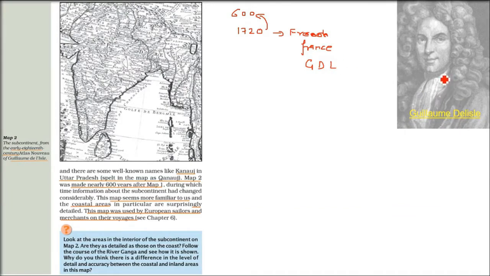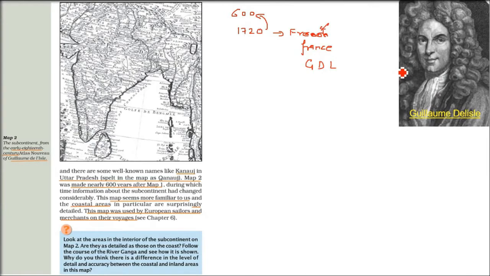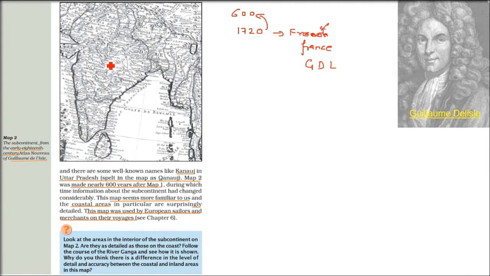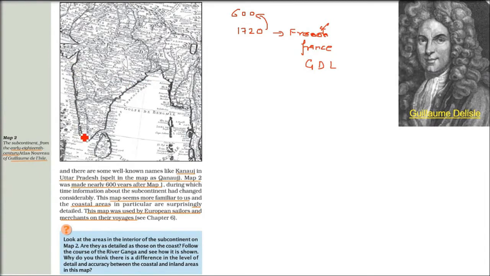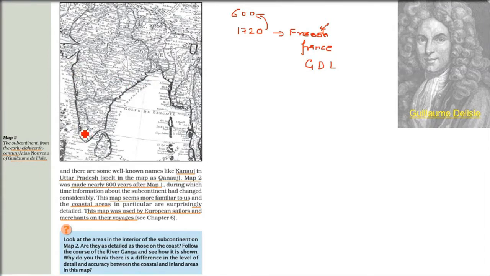Then Delisle made his map, and it was fantastic. It was quite similar to the map we know right now. If you see the coastal area, it is very clearly identified.